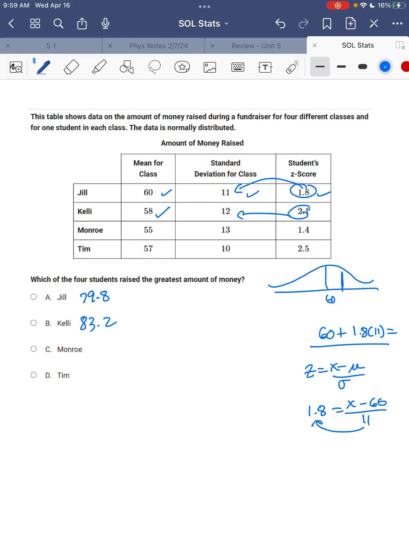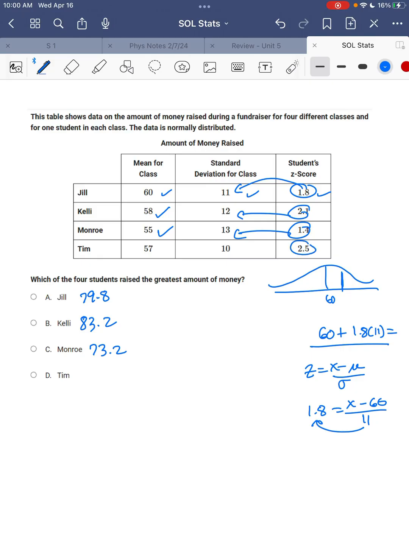Now, I think poor Monroe, he was above 55 by 1.4 of 13s. I don't think he's going to be very high. So 55 plus 1.4 times 13. That's 73.2.